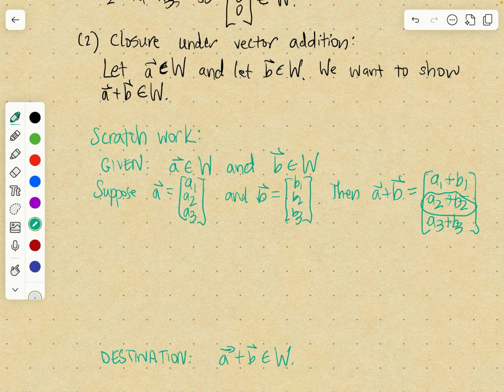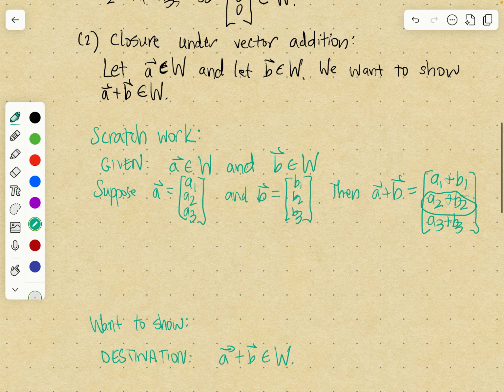So what we want to show is that the second component, A2 plus B2, is equal to the sum of the first component, which is A1 plus B1, and the third component, which is A3 plus B3.